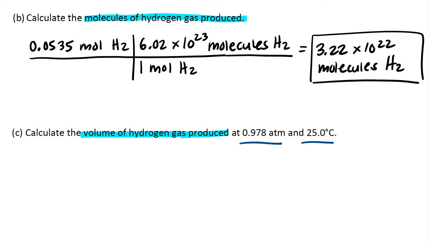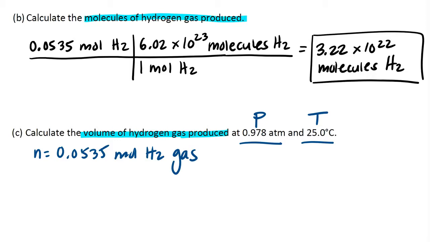What's the volume? Well, you know that the moles of hydrogen produced is 0.0535 moles of H2, and that's a gas, and you know the pressure, and you know the temperature, and they're asking me to solve for volume. Okay, I've got V, P, T, and n all in one problem.